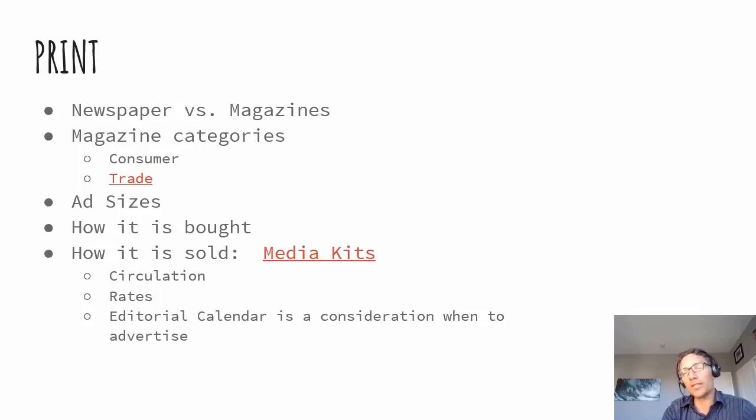Maybe it's Surfer Magazine or Newsweek or National Geographic or the San Diego Union Tribune or New York Times. You go to their website and you get the media kit. The media kit, and there's links here in these slides, the media kit gives you their circulation. Here's our total circulation, and they break it down by different geography areas.